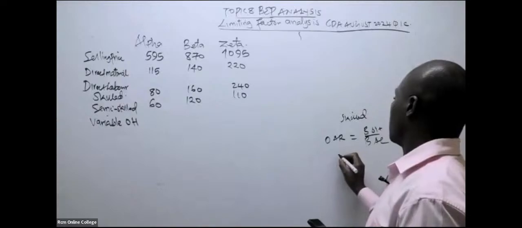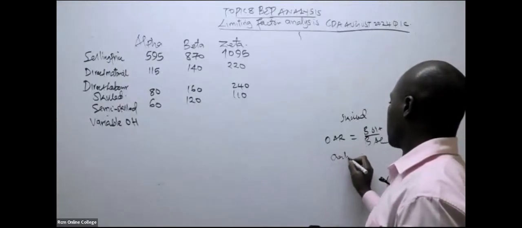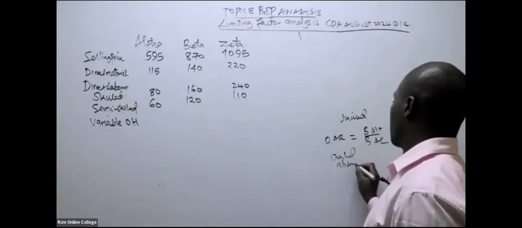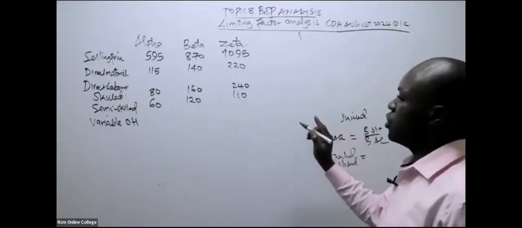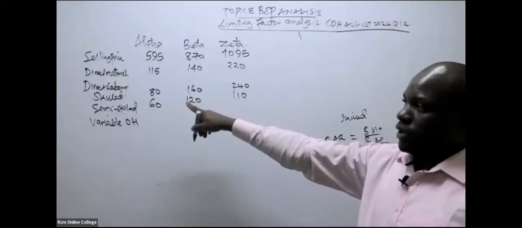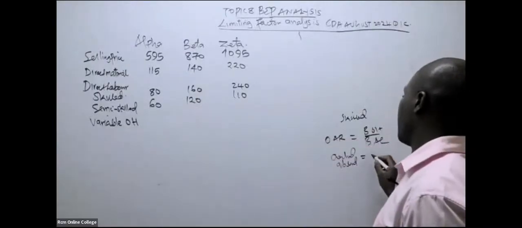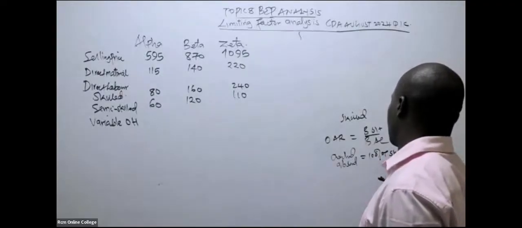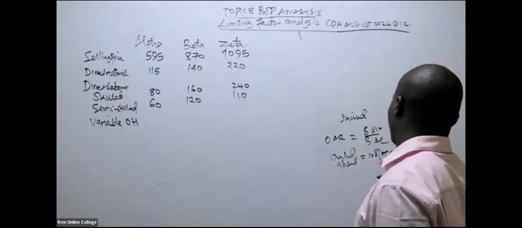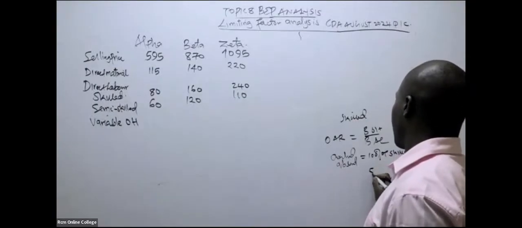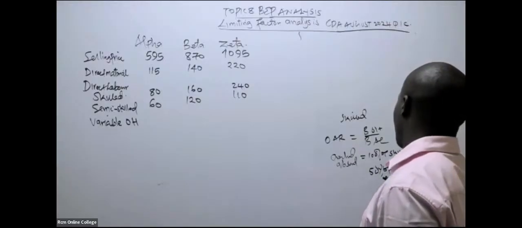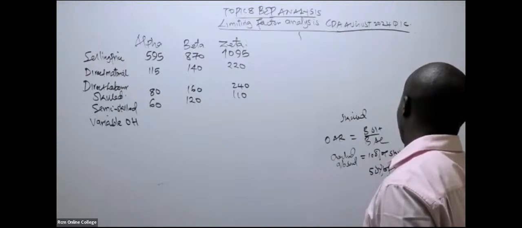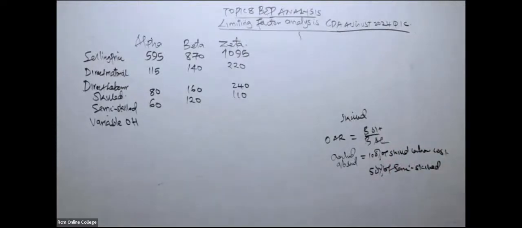So the variable overheads absorbed into these skilled labor hours will be 100% of skilled labor cost, then 50% of semi-skilled labor cost.